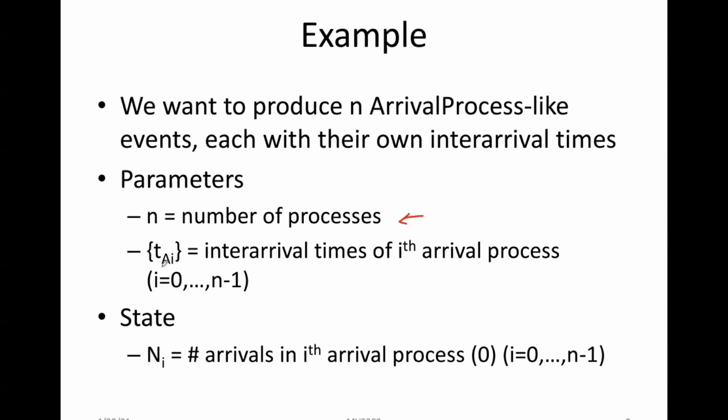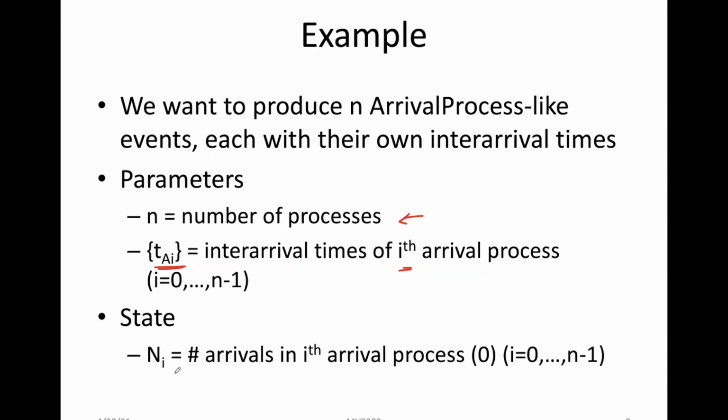And now the inter-arrival times, I'm going to need a different one for each one. So my t_a sub i is going to be the inter-arrival time of the ith arrival process, and that's going to go from 0 to n-1 because we have zero-based indexing here.